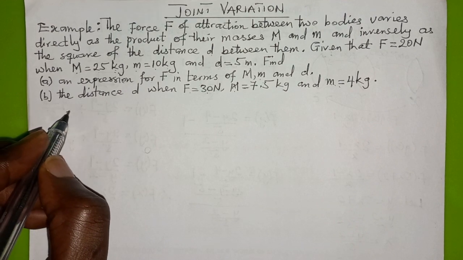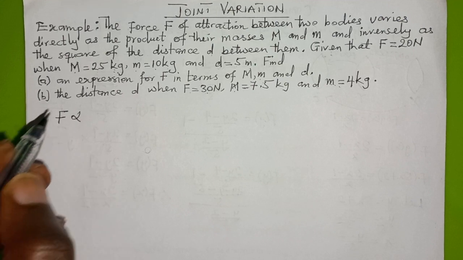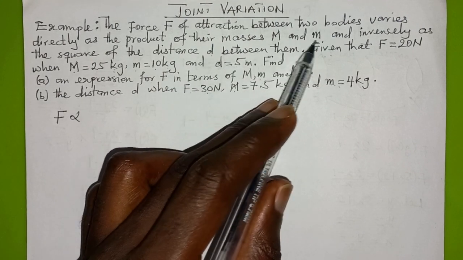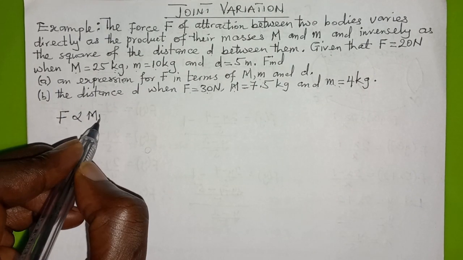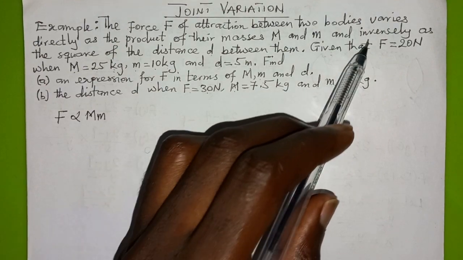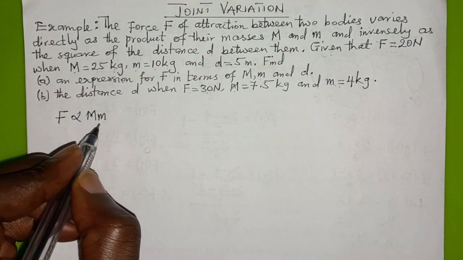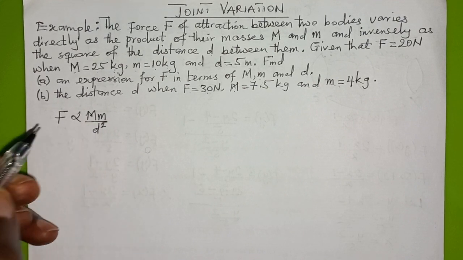So the force F varies directly as the product of these two masses, which is a bigger M and a smaller m, and inversely as the square of the distance d. So inversely, which is divided by d squared.